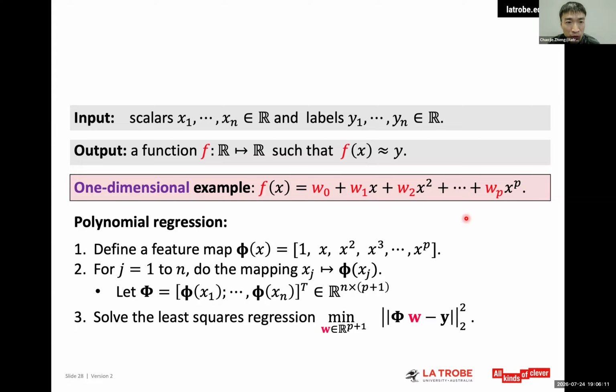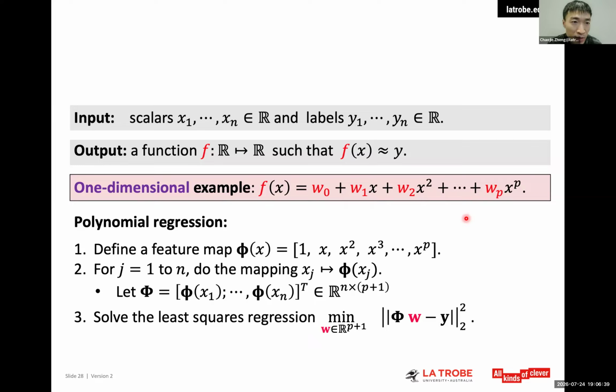But for polynomial regression, we are not looking for a straight line. We are looking for a curve, a polynomial curve. We use a polynomial curve to fit the data and let the curve represent the trend or the distribution of the data. And this polynomial curve will be our model in the polynomial regression task.